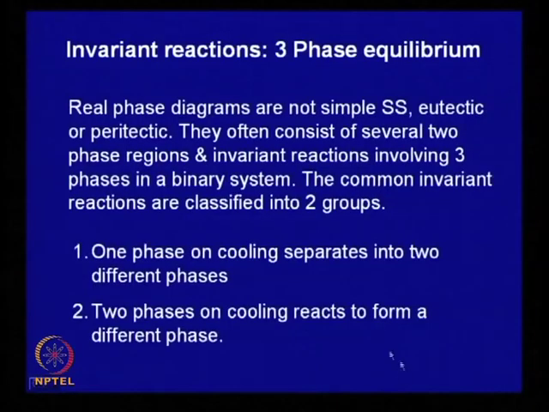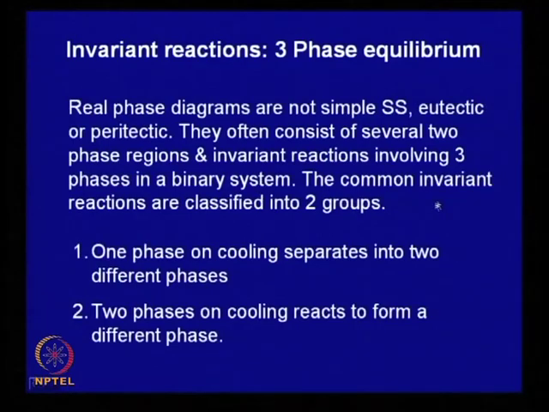So, these two cases we have looked at, but real phase diagrams are basically not simple solid solution or eutectic or peritectic. They often consist of several two phase regions and invariant reactions involving three phases in a binary system.